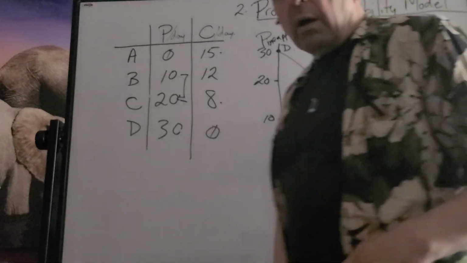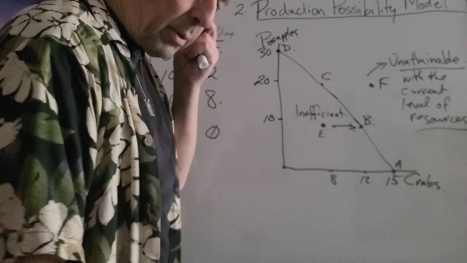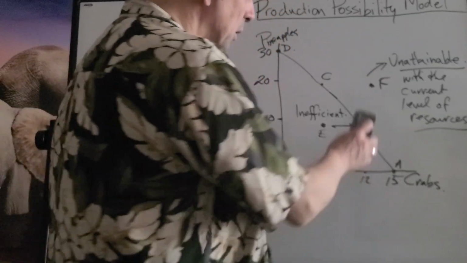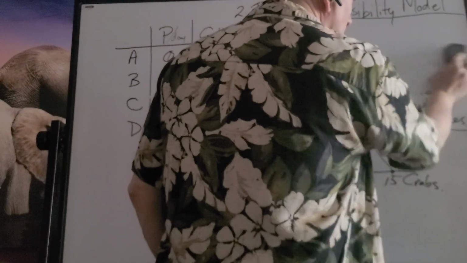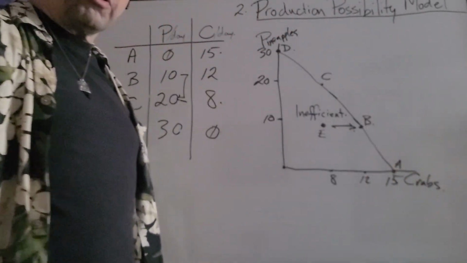Now, what would happen if a second person all of a sudden showed up? Remember, I said that point F was unattainable with the current level of resources.